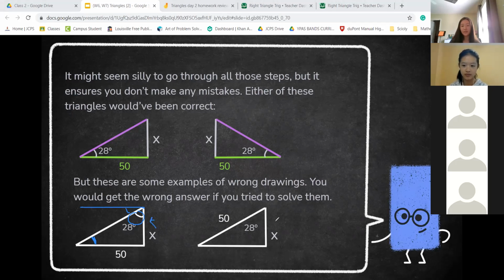In this one, the lengths are all messed up, because you're right here, looking up to the top of the hot air balloon. This is a hot air balloon, guys. You're standing 50 meters from it, but that's on the ground. So that's why this one is 50 instead of this being 50. Either of these would be right.